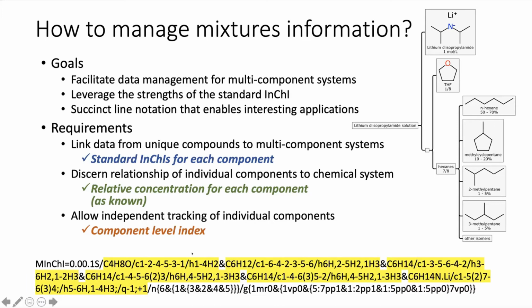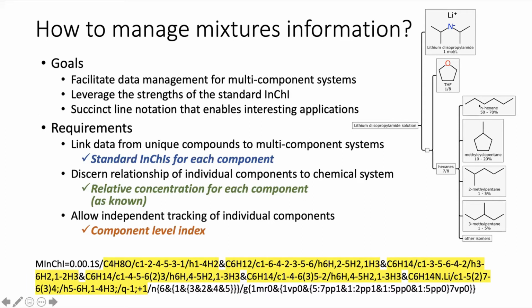On the right side, we need to know what the components are and what their relative relationships are. Relationships are usually described through concentration and also often through hierarchical relationships.